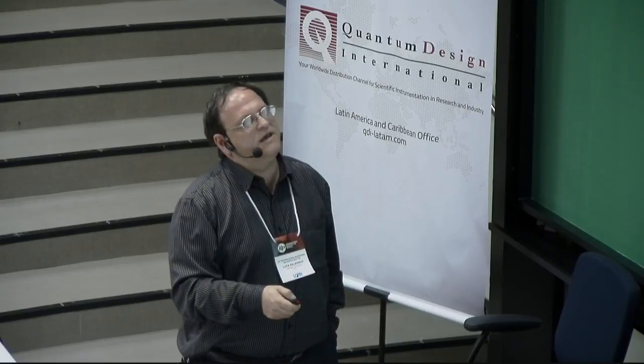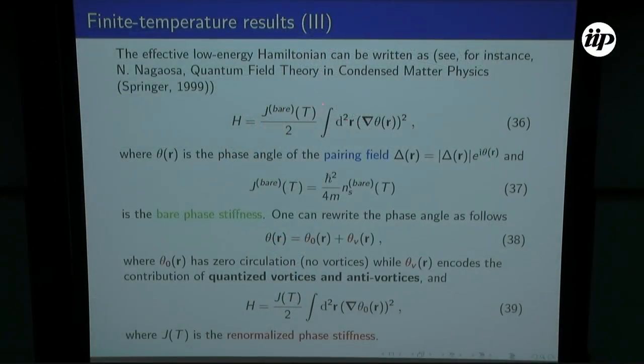The phase is an angle, theta. And you can write down an effective Hamiltonian, this one, where there appears this bare stiffness, and the bare stiffness is simply related to the bare superfluid density by this formula.